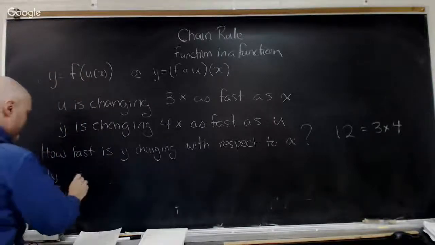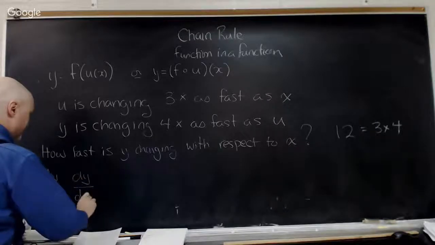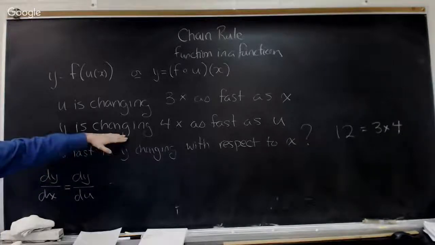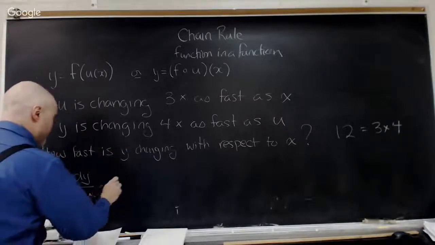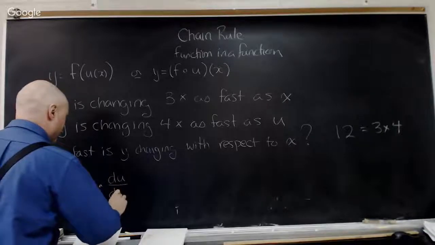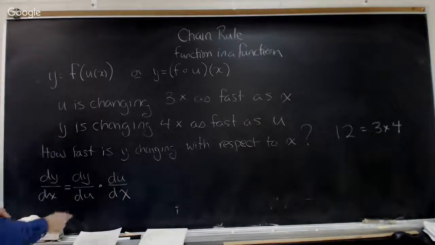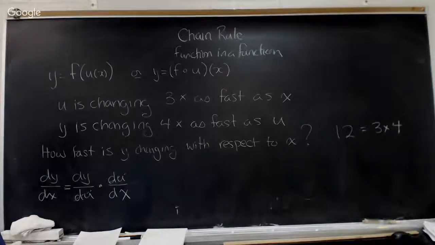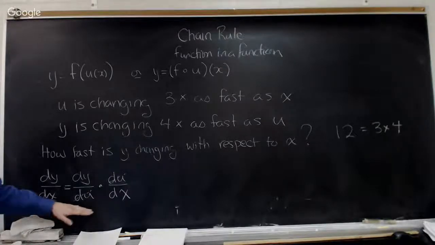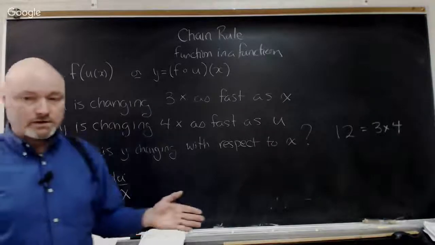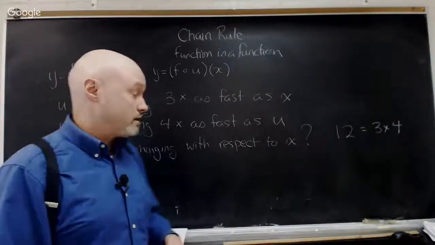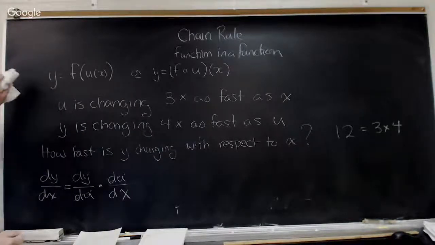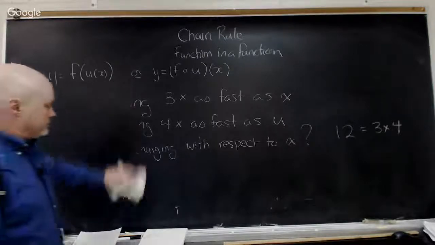There we go. And it even has the look of having the du's cancel out. Anyways, this is our formula for the chain rule. It's mostly just a matter of figuring out what the outside function is and putting it into this little formula.